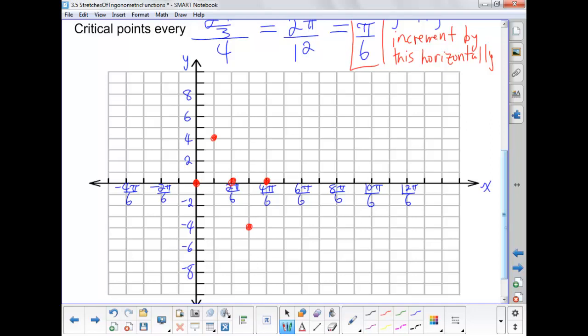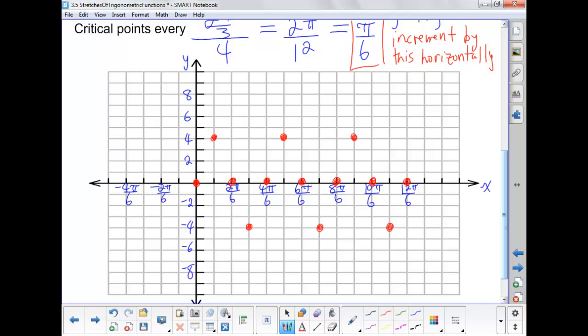However, if we insist, graph 2 or 3 cycles of the function, what you'd want to do is just continue the pattern that we started to generate here. So this is the beginning of a new cycle. I could just continue on and say I'd be at maximum next, midline, minimum, midline again. There's a second completed cycle. Then if I start a third one, max, midline, minimum, midline again, and I would be done.